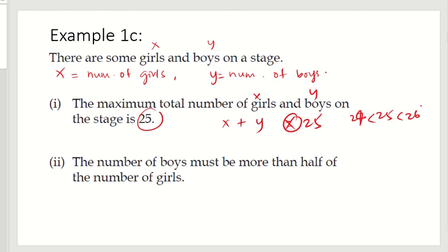Maximum 25, cannot be more than 25. Maximum can. This one. So we have to put x plus y here. Smaller or equal? Smaller or equal? Electrical wrong. Mashita correct. Okay? Less or equal?